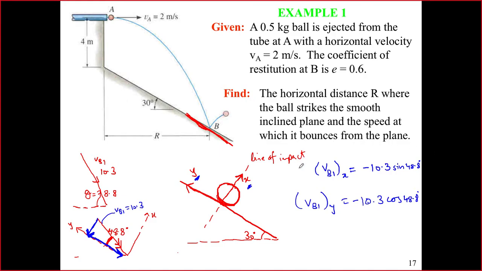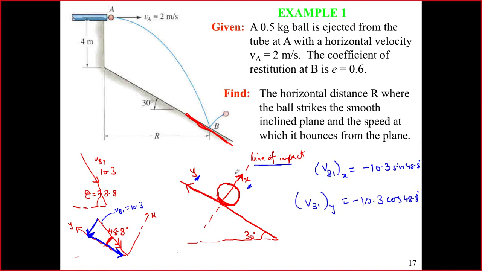We have to keep in mind that I have now defined my coordinates parallel and perpendicular to my line of impact, and I have neatly found my velocity before the impact along this new coordinate system. And why are we doing that? Because all the information we have is in these two directions, right? And what is that information?